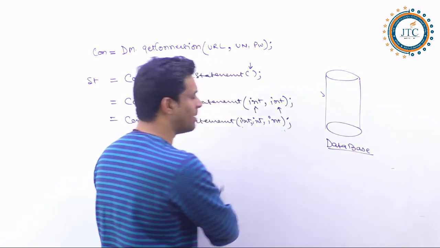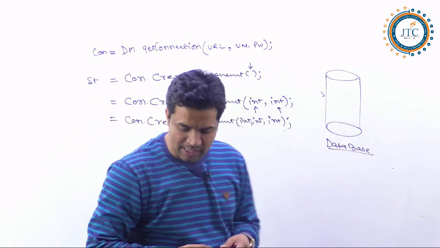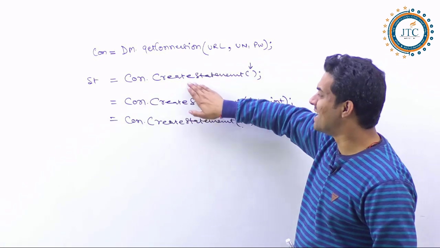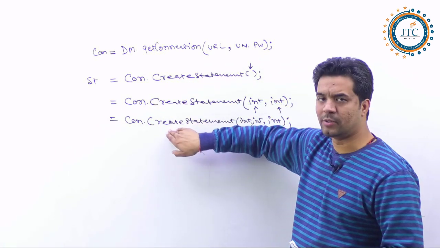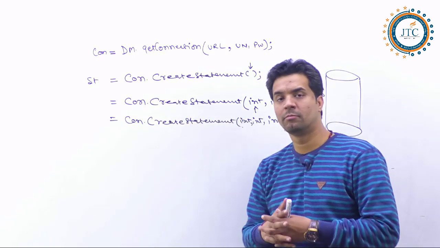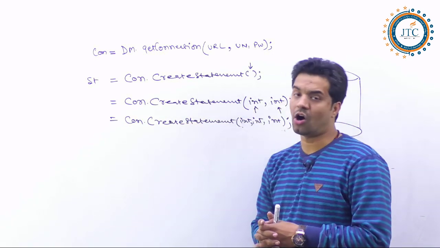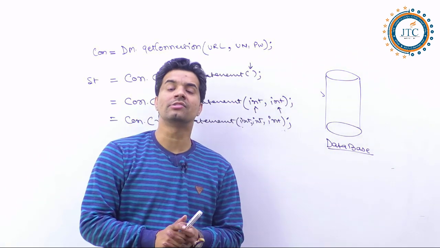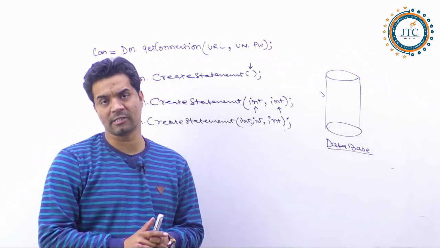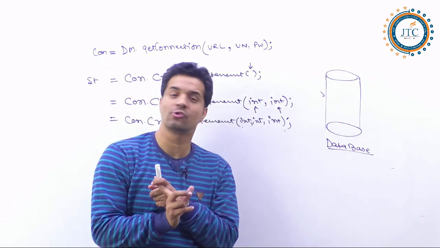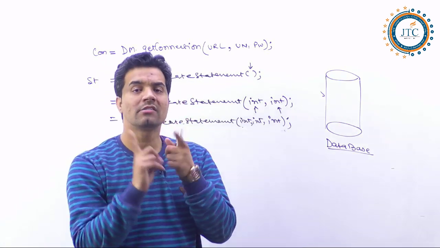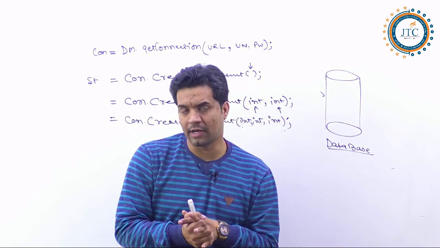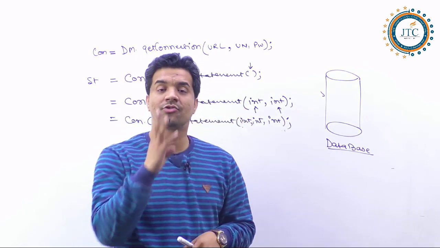By using these three methods, create statement, create statement, create statement, the method name is the same, but the parameters in all three are of different types. One is without any parameter, there is no parameter in the first case. The second one has int and int parameters, fine. And the third one has three int parameters.